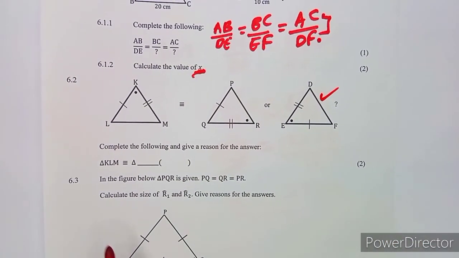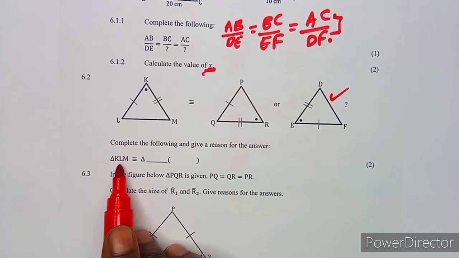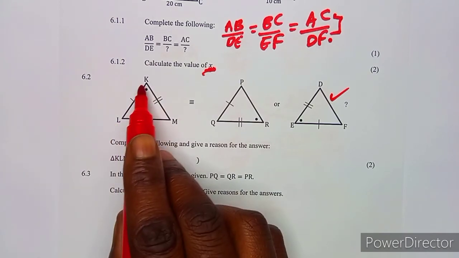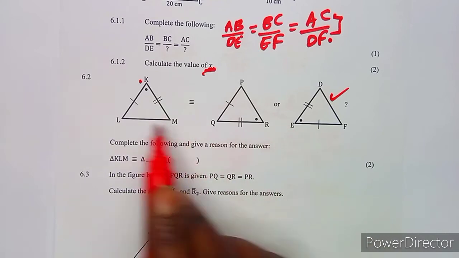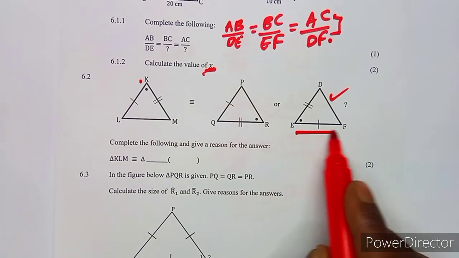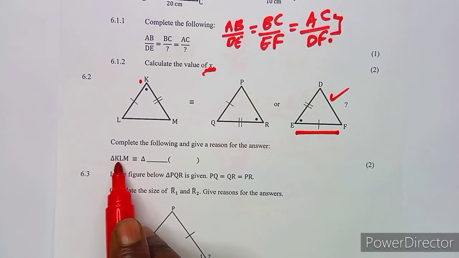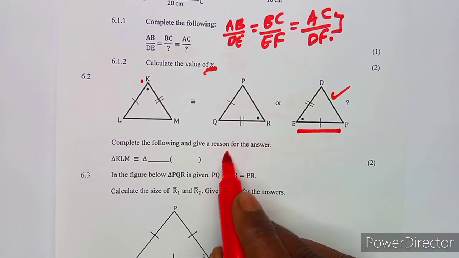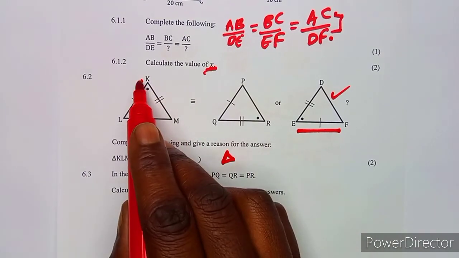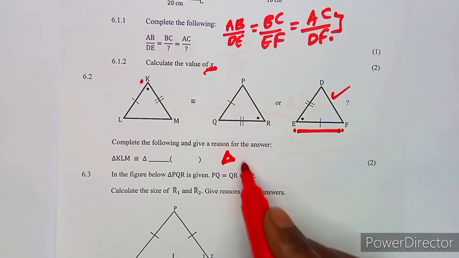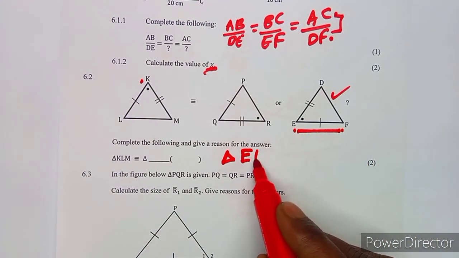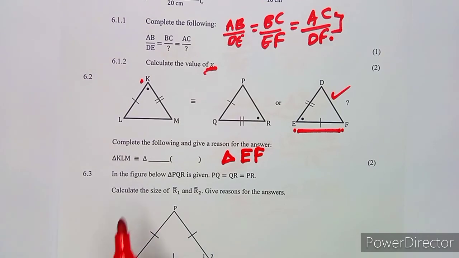But how are we going to take this? KL is from the angle to the side L, which is the same side as this one, that is KL. So as you can see, K to L from the angle here, it's E to F, so it's going to be EF. That's how you take congruent triangles.